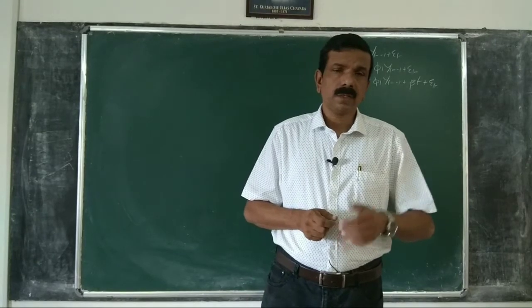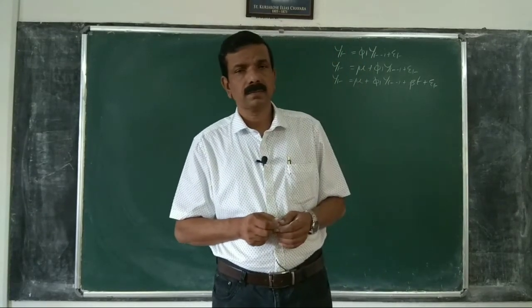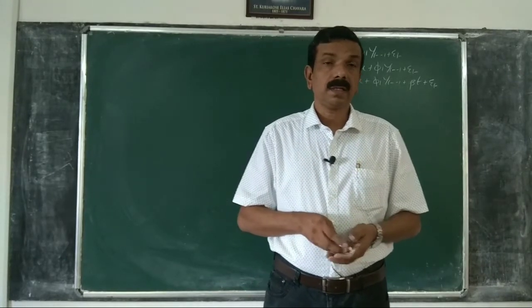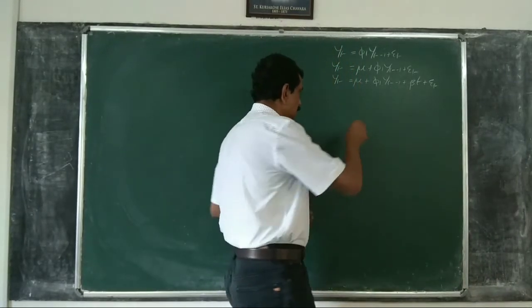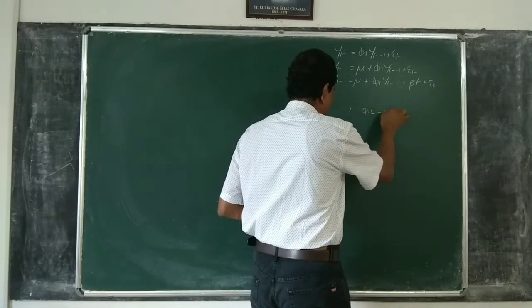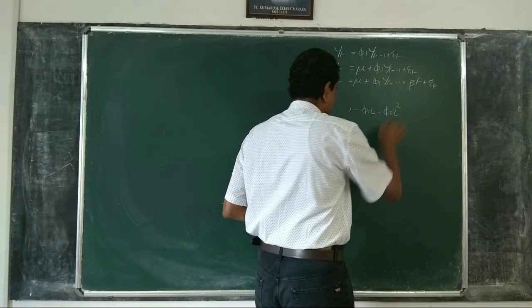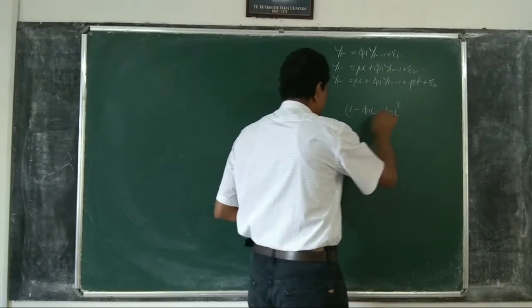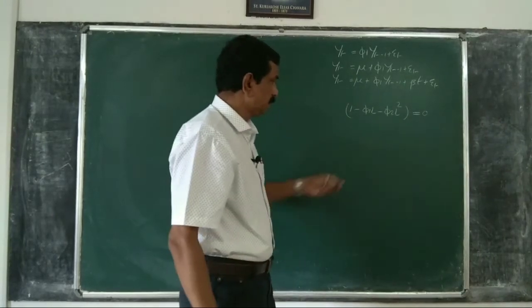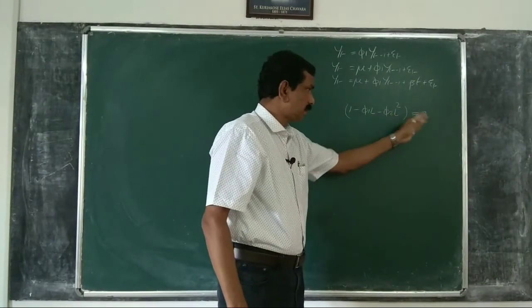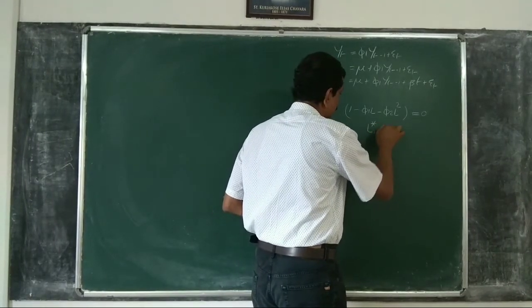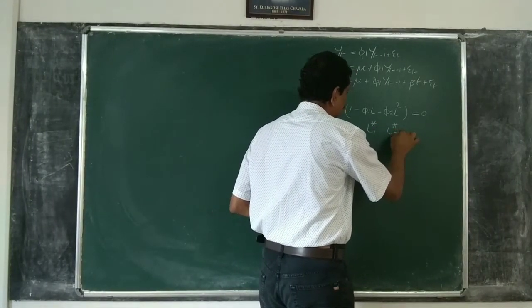But we have also discussed that if we have a process generated by AR2, the lag polynomial is 1 minus phi 1 L minus phi 2 L square, and the roots are obtained by setting the equation equal to 0, and we will have two roots, L star 1 and L star 2.